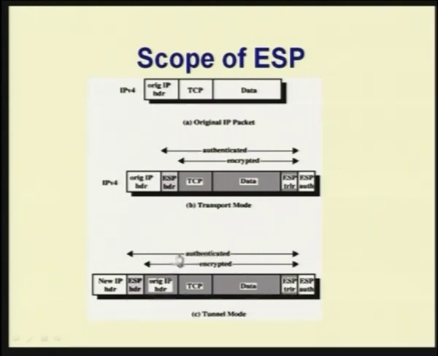So, you have encryption for this entire data including the original IP header, and then you have the ESP header and authentication part added, so that it is authenticated, and this is carried under a new IP header. So, we have a new IP packet that is used. This is referred to as a tunneling mode of operation. It is called tunneling because an IP packet which is encrypted, which is an IPsec packet, is carried inside another IP packet.